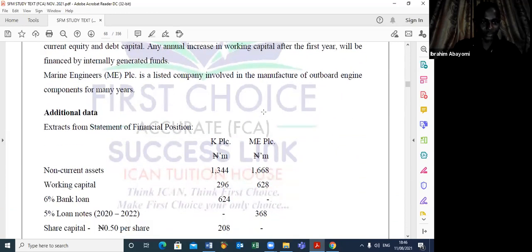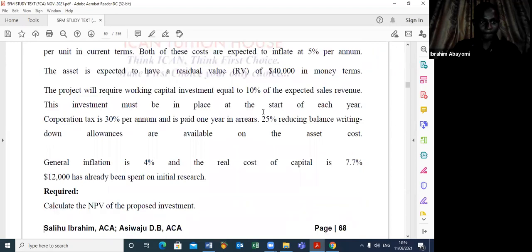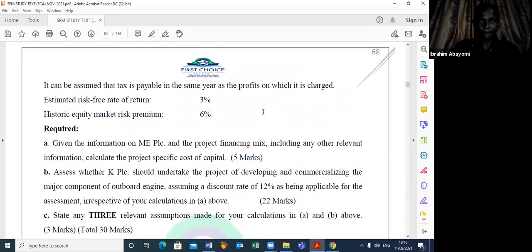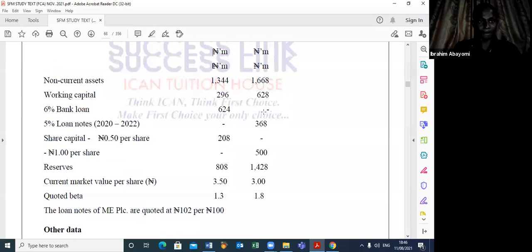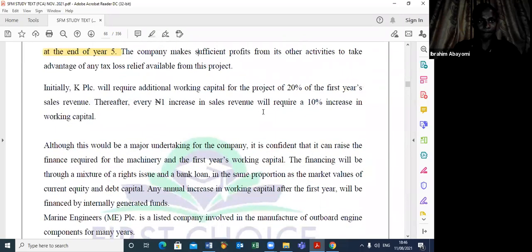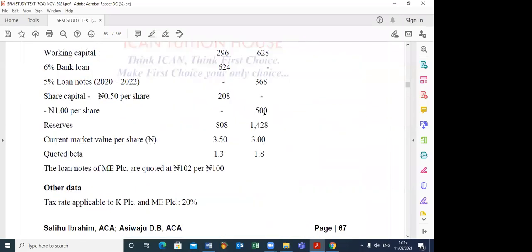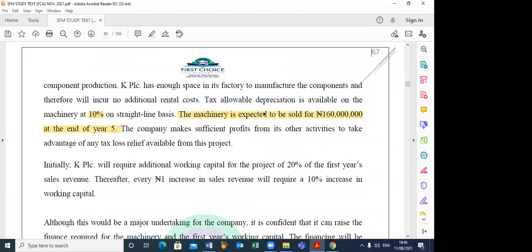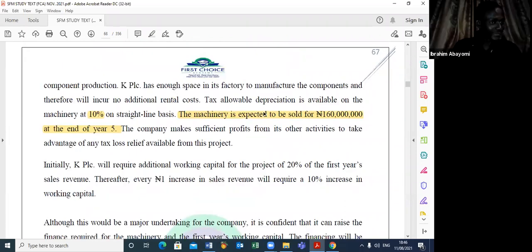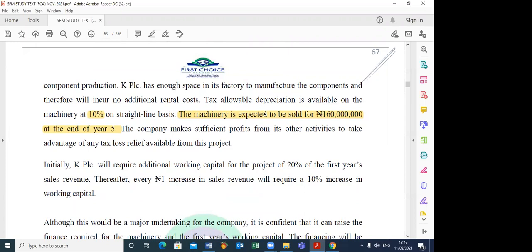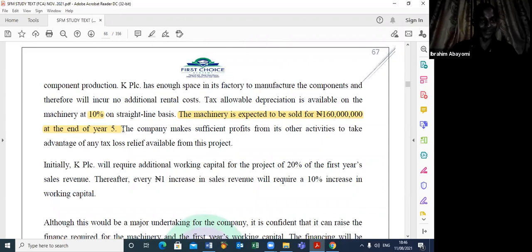Can I see it in your notes? Can you see it? I will platform. Is your note I'm using, sir? Okay. What are you seeing? Is after that the machinery is expected to be sold for 160 at the end of year 5. Yes, in front of me, I couldn't see it.